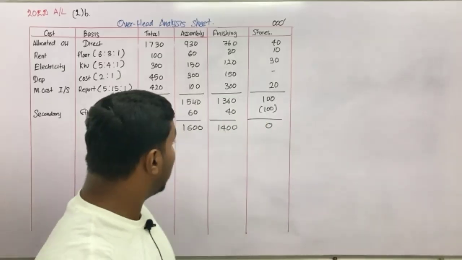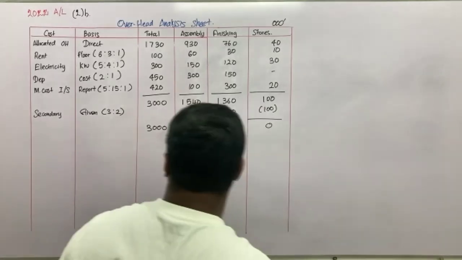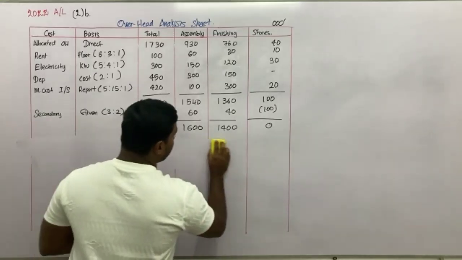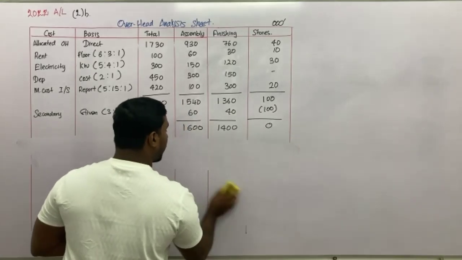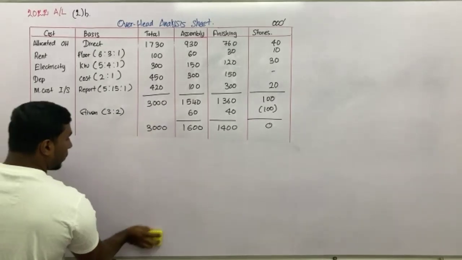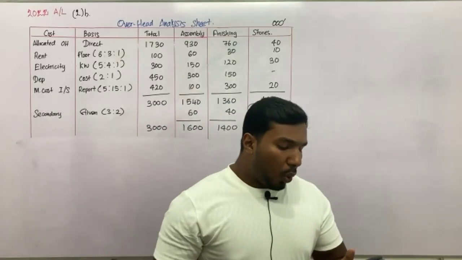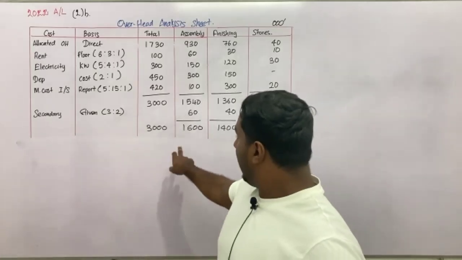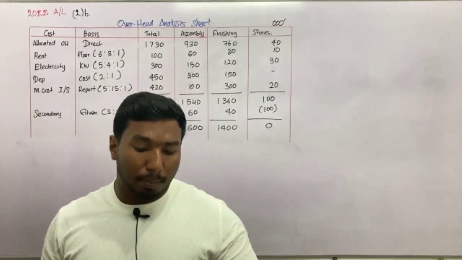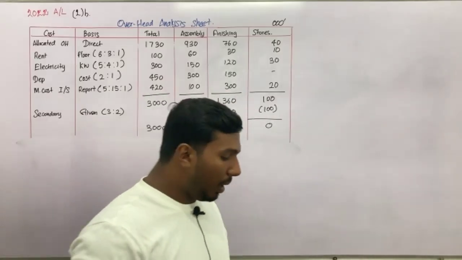Let's find out the overhead absorption rate next. Okay. The overhead absorption rate. Okay. In the question they say the overheads of assembly and the finishing cost centers are absorbed into the products based on the machine hours and the labor hours.